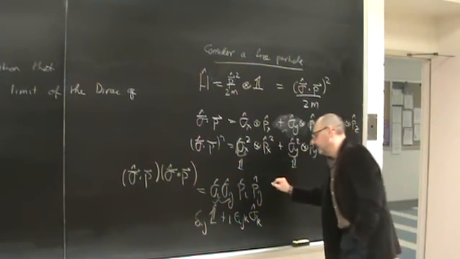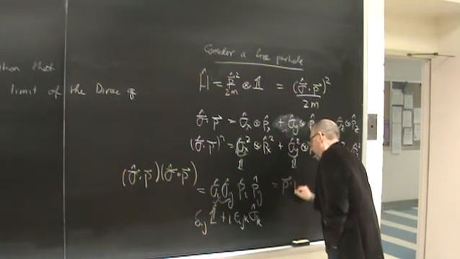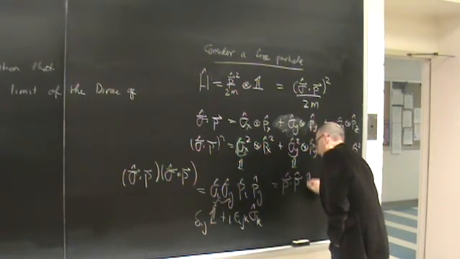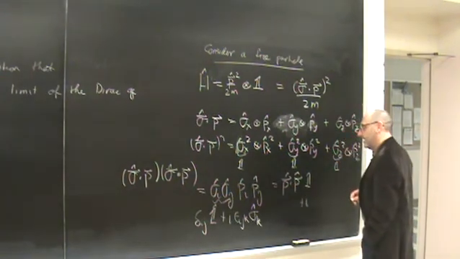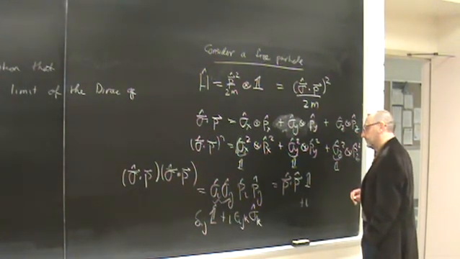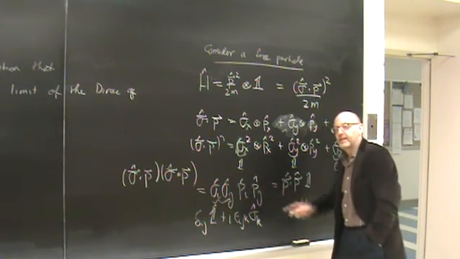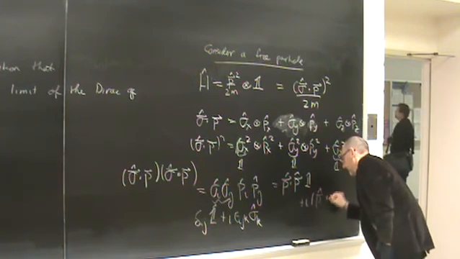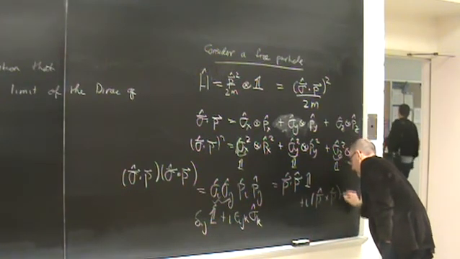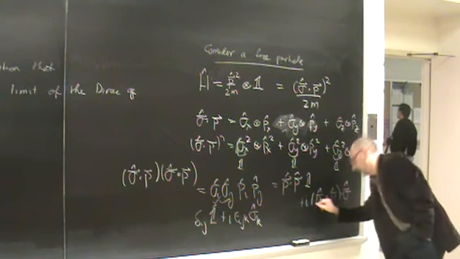So this is equal to p dot p times the identity, and then I get plus i times the cross product of p with p, dotted into sigma, which is 0.